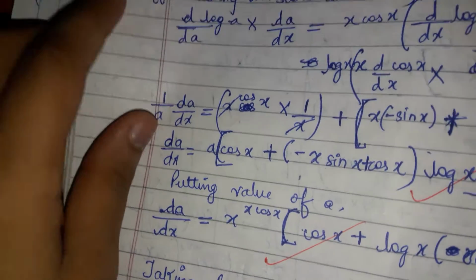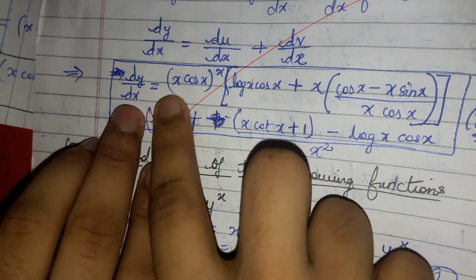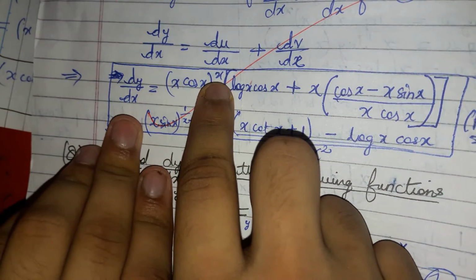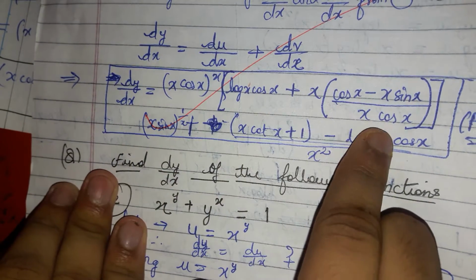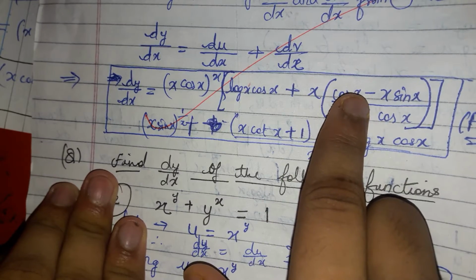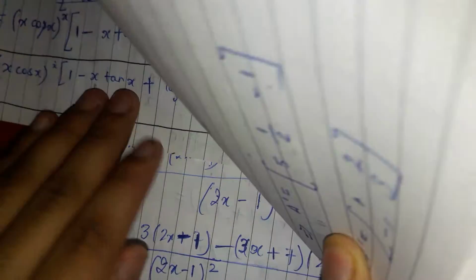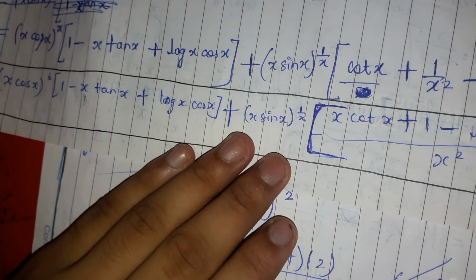You can see here the answer matches, x cos x to the power x, same answer. Here I have not distributed this, but if you distribute this, then it will become like this only. Okay, so this question is finished here.